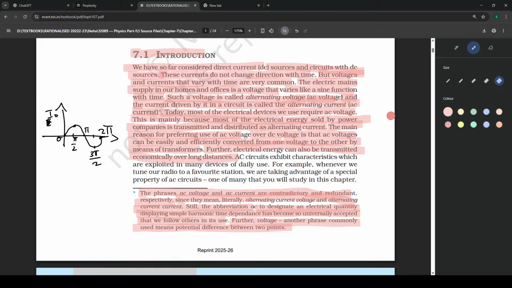Okay, basically, why is there a need or use of alternating current? Why can't we just use DC current? DC is direct current, AC is alternating current. Why can't we just use DC current and be done with it? Why do we need specifically AC current? Let's start with DC first.